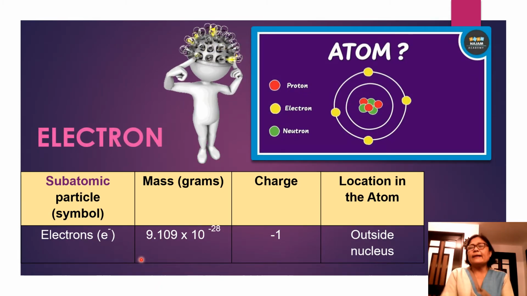An electron has a mass of 9.109 times 10 raised to negative 28 with a negative charge, found outside the nucleus of an atom. However, the electron is the lightest particle.